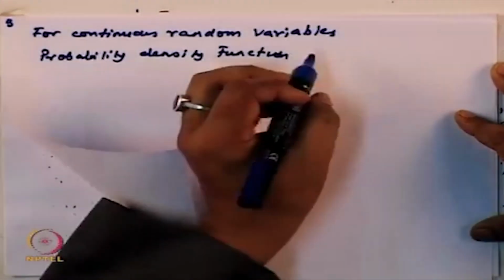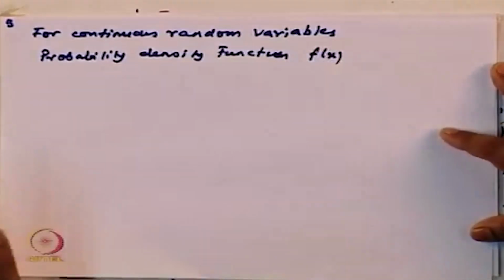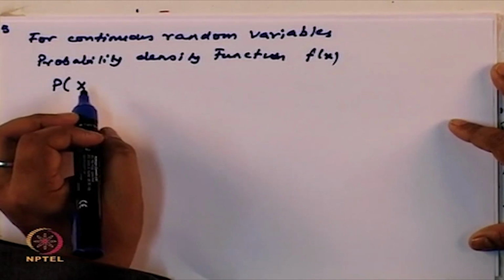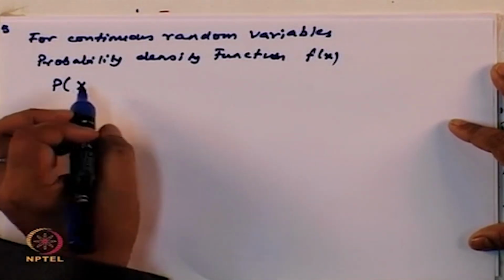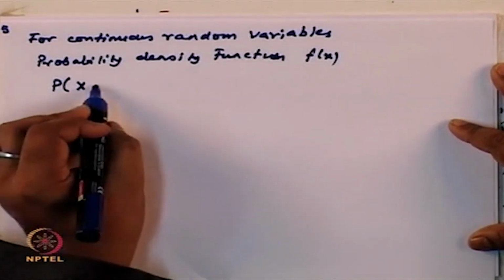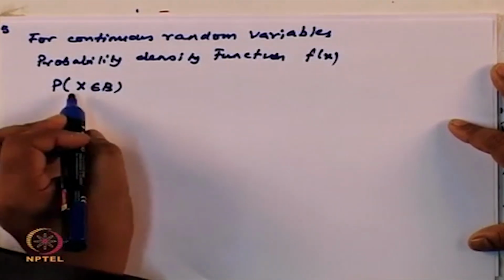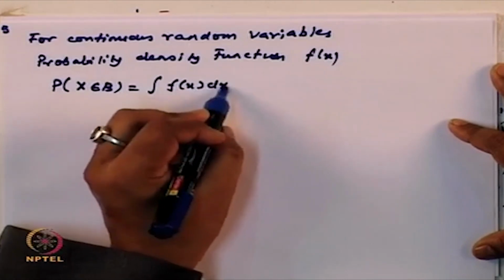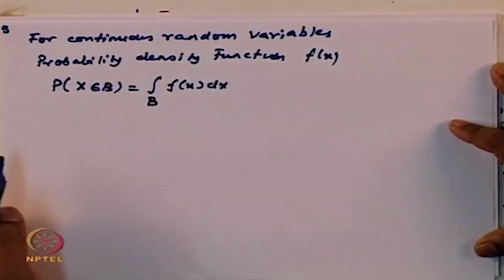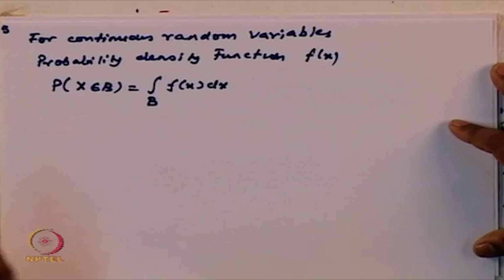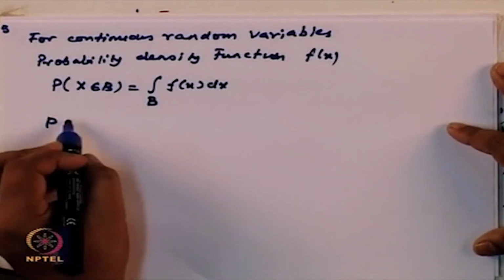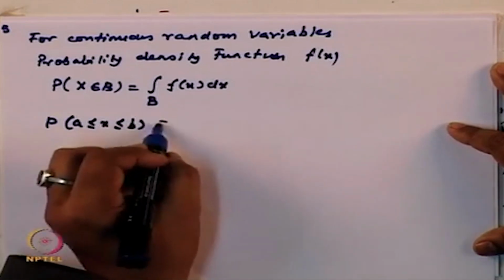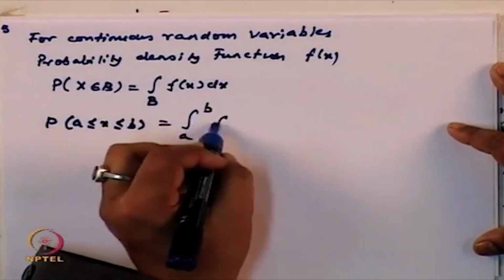So, the probability density function, let us say it is indicated by f(x), and I define the probability of X belonging to some regime B as simply the integral of f(x) dx over this interval B. So, if you have probability of a less than or equal to X less than or equal to b, I will simply integrate from a to b f(x) dx.